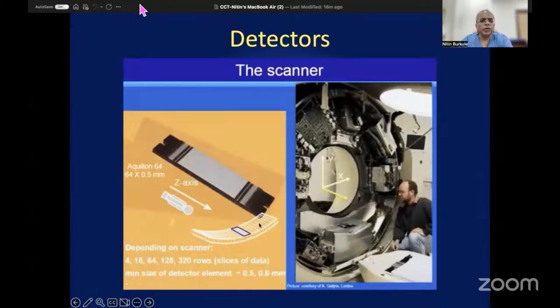So when you have got 64 rows of detectors in a 64 slice CT in the head to foot direction, you can cover almost up to 40 millimeters of the patient's body in one gantry rotation to create the images.